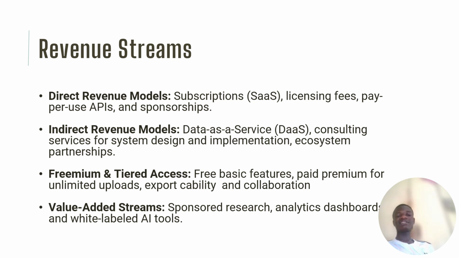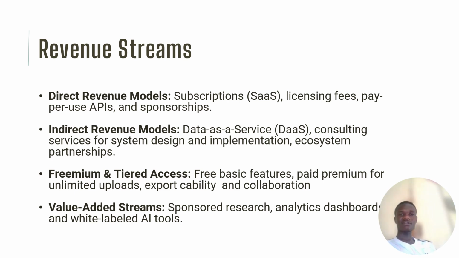The freemium and tiered access, as you sign up and use the features, also generate some income for the system's upkeep. The value added streams through sponsored research, the analytic dashboard, and white labeled AI tools all generate some income for this.